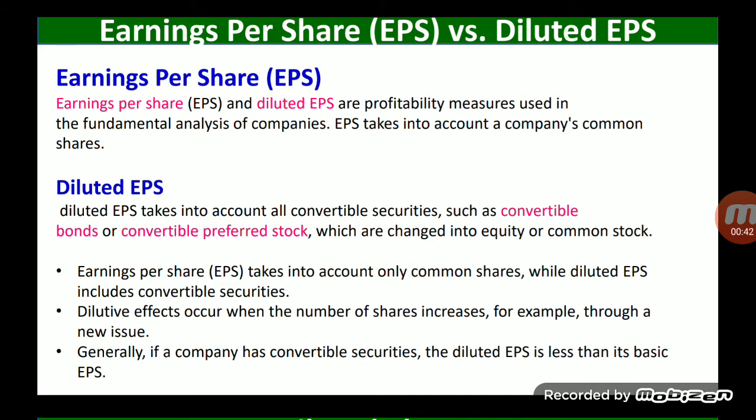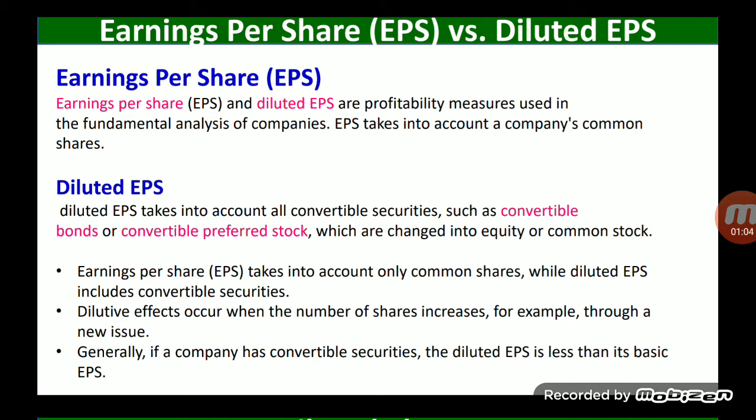First, let us understand the concept of earning per share. Earning per share and diluted earning per share are profitability measures used in the fundamental analysis of companies. EPS takes into account a company's common shares.